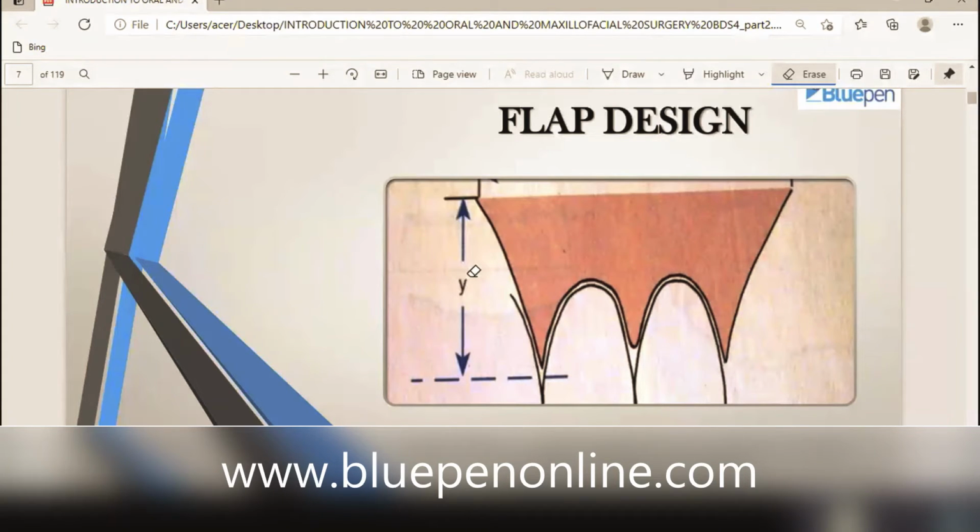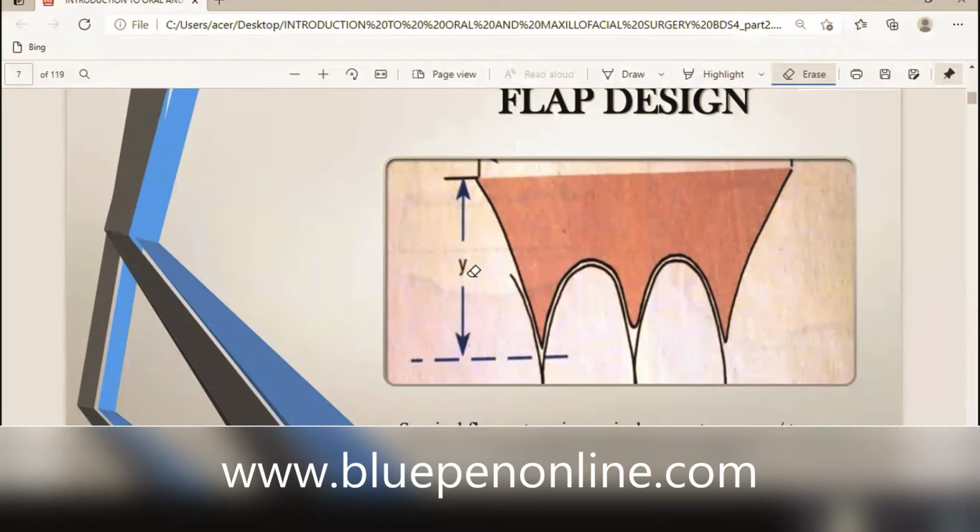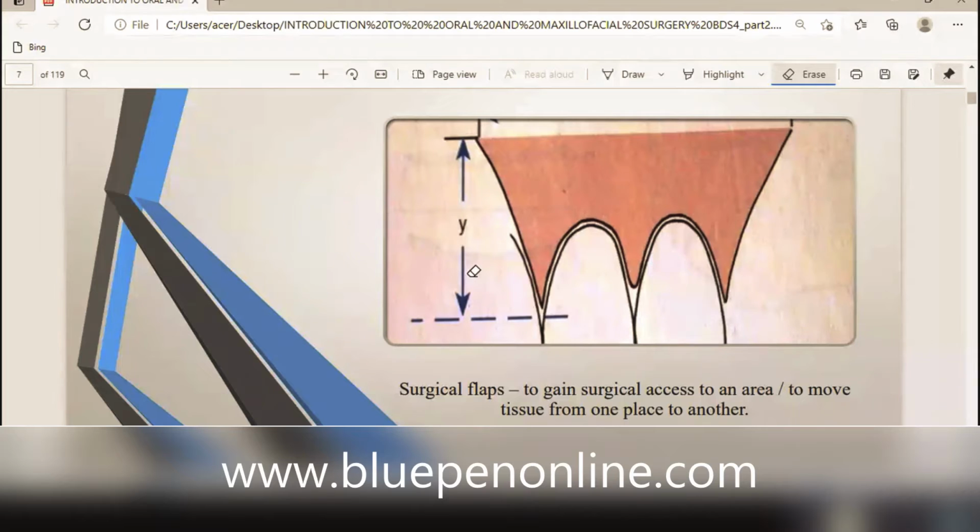You have some confusion? I will tell you. Imagine this picture. This y is the length, and this is the width. In the principle, it is said that the length should never be more than twice the width, which means just try to understand this formula.